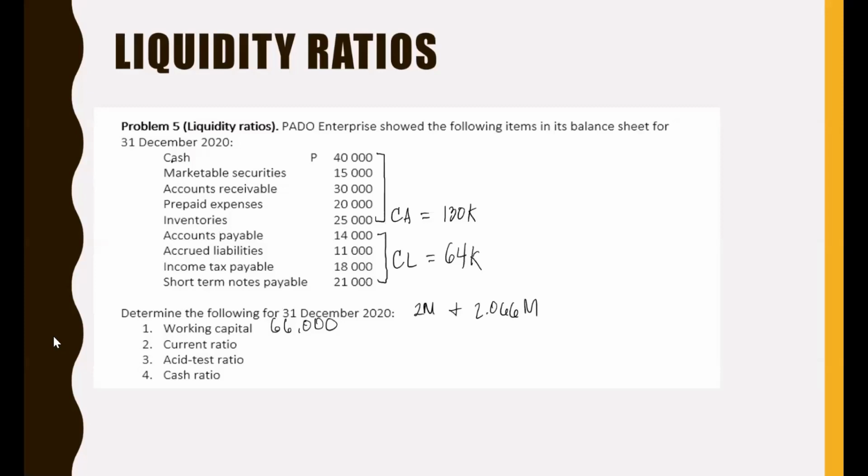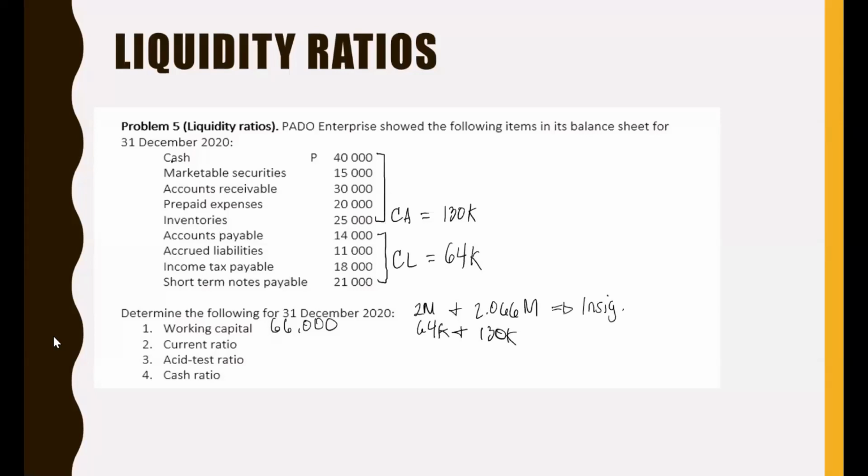Pwede siya, di ba? If 2,066,000 minus 2 million, that is 66,000 also. That's your working capital. Or, based on this example, the difference between 64,000 and 130,000. So, what can you notice? In the first example, the difference of 66,000 is somehow insignificant.